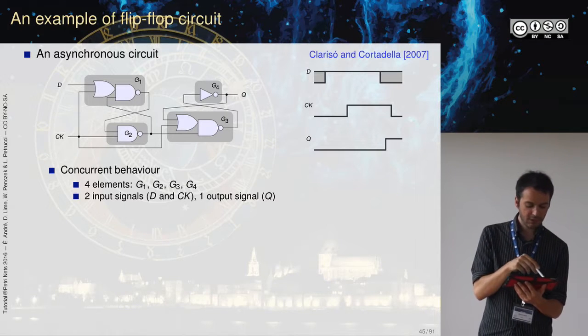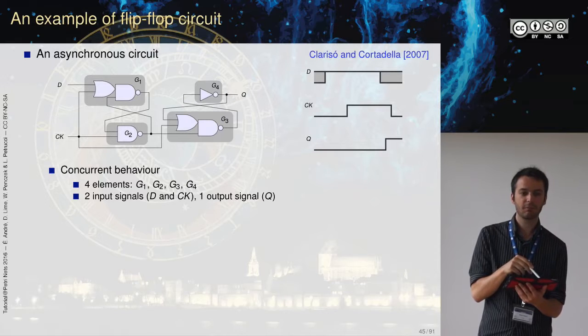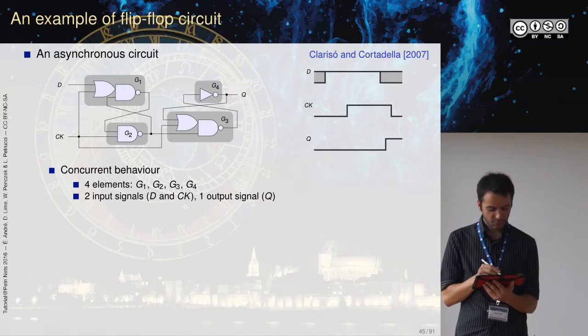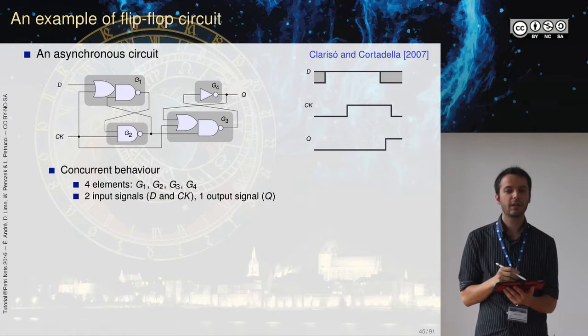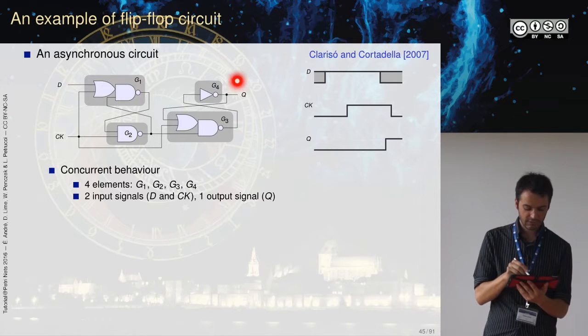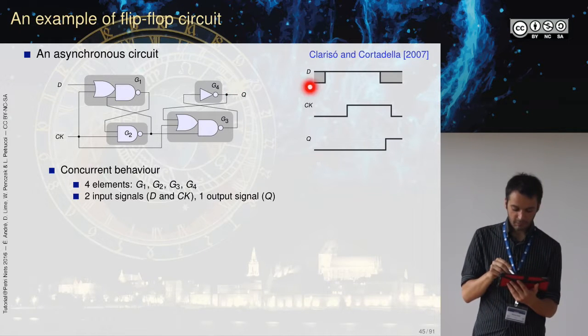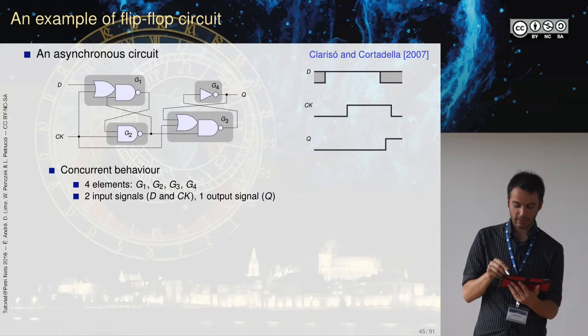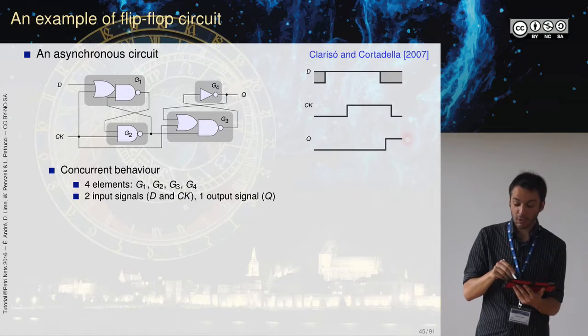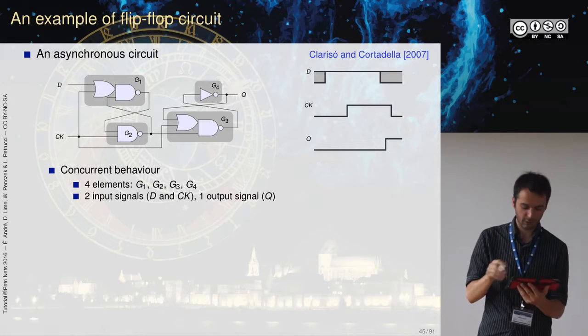As you see, they are all connected in a kind of cyclic manner, okay? We have 2 input signals, D and CK, and 1 output signal, which is Q. My input signal is required to work like this, and the clock is doing just 1 clock cycle. And Q is the output, and I hope it will rise. I'm not sure. I hope so.